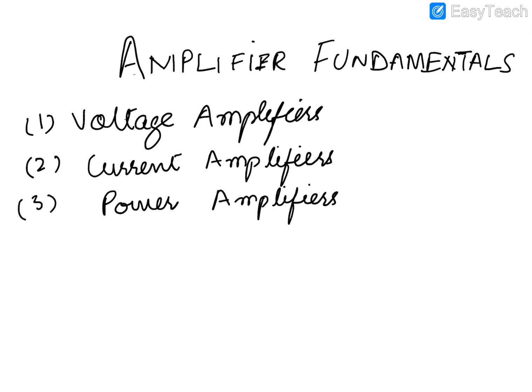All of these types of amplifiers have some characteristics in common, which are basic characteristics for all types of amplifier. So as you know, a voltage amplifier will amplify a voltage signal, a current amplifier will amplify a current signal, and a power amplifier will amplify a power signal at the output of the amplifier.